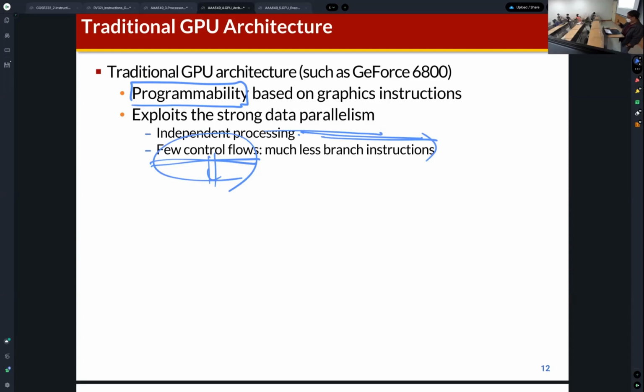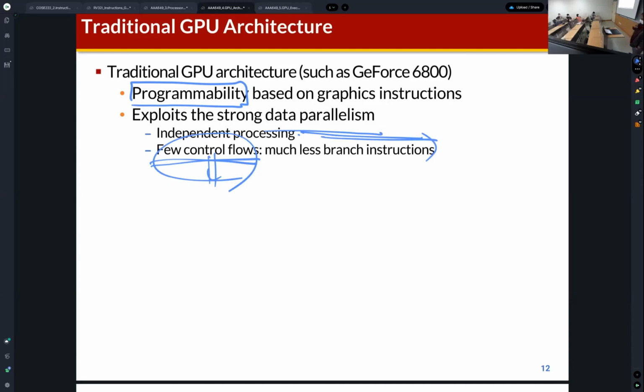instructions. But recently, the GPU is a general purpose GPU, so it means that GPU code also needs to support branch instructions. Okay, it's the core of the instruction, right? When we write code, we frequently use for loops, if-then-else statements, and while loops.